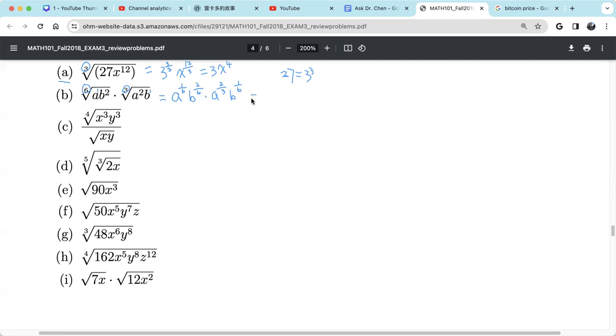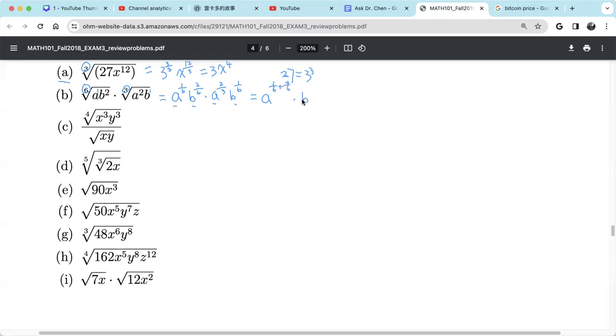So now we have the same base, A, B, B. So A times A, we just add the exponents, right? 1 over 6 plus 2 over 3. 2 over 3 is 4 over 6, right?